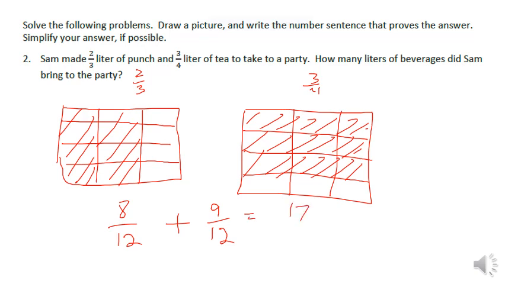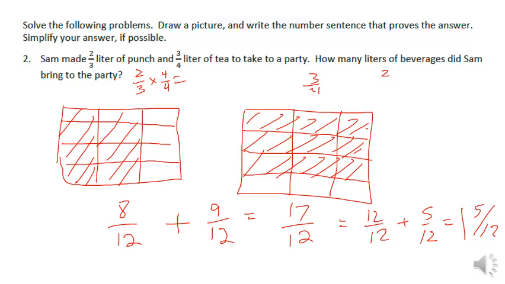And we end up with 17/12, which we know is equal to 12/12 plus 5/12. 12/12 means 1, so it's 1 and 5/12. Now, the number sentence they're talking about, if I took 2/3 and I'm going to multiply that by 4 over 4, so that's what we multiply by, we get 8/12.